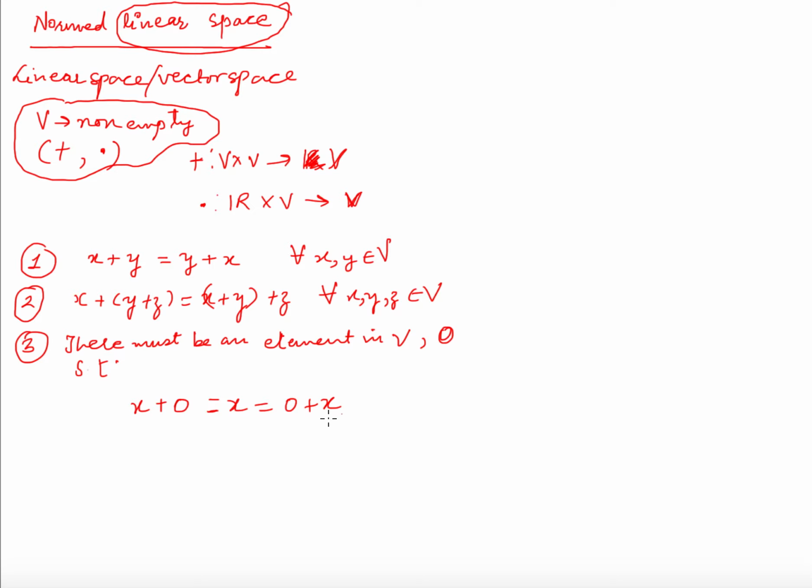Because this is commutative, it should be true for all x in V. This is called the zero element. This is just a notation. This doesn't mean that it is actually the number 0.